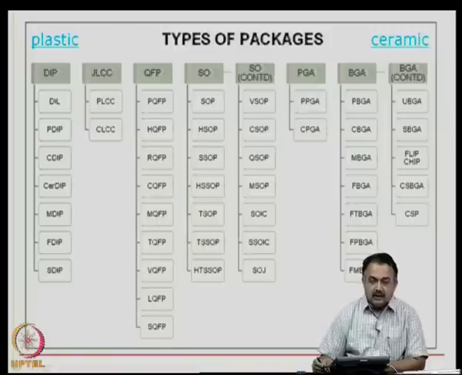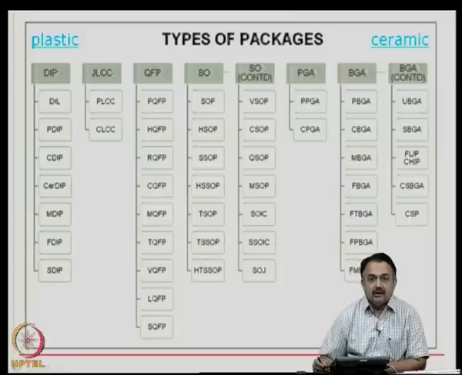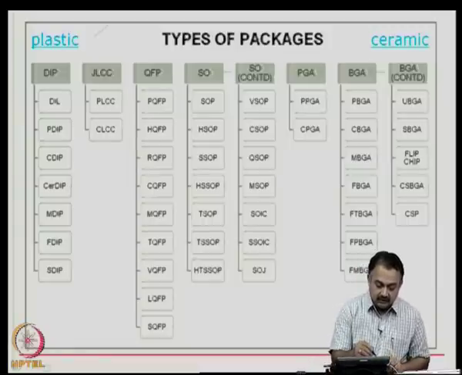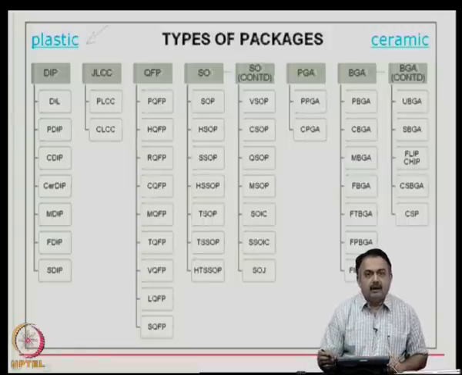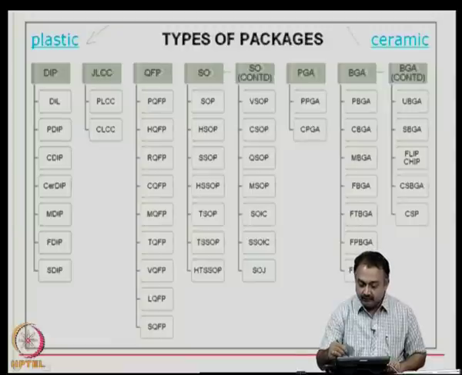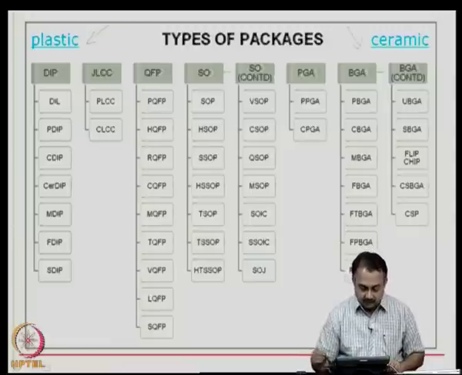This particular slide is very exhaustive in the sense that it lists the complete set of packages, in different formats, in different classifications. So, at the top I have written that basically packages can be made out of plastic or it can be ceramic.